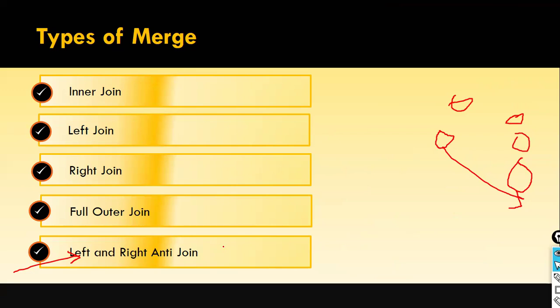Right join is the matching values from both data sets and also the non-matching values from the right side. Full outer join is all the values from both the data sets. Left anti-join is all the values from the left side, excluding the common values between the two data sets. Right anti-join is the opposite.